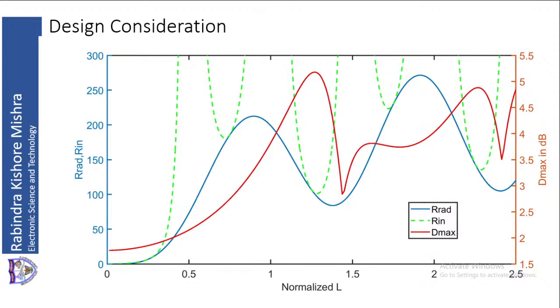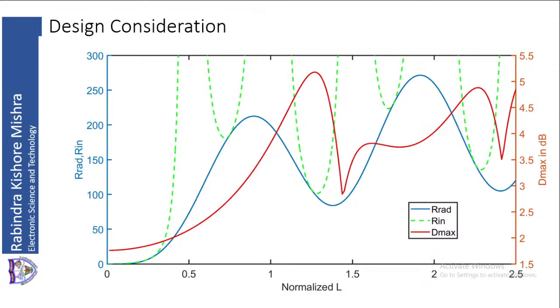Which means if you increase the length, the directivity will increase up to a certain point, then decrease. The values where it decreases are of no use to us, because higher order modes come in. We will see that later. So the maximum value we will see is 1.25. So length equal to 1.25 lambda is the best choice.